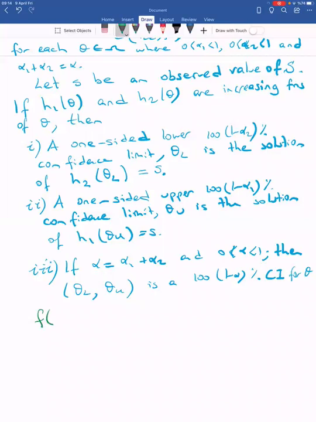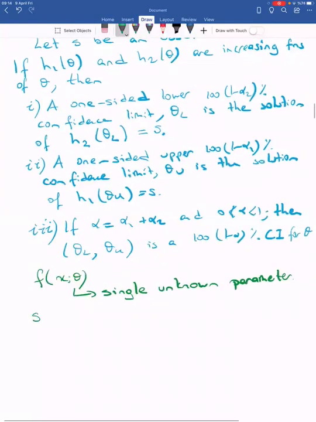So how does this happen? Let's say we have f of x, theta, and right now we assume a single unknown parameter, so we focus only on this case for the general method. Let's say we have S, a function of the sampled items X, an estimator of theta.